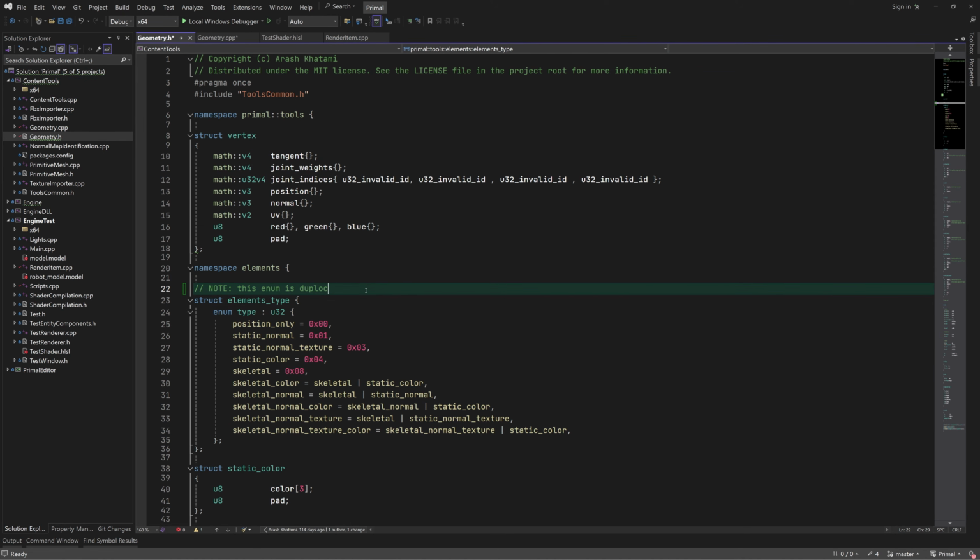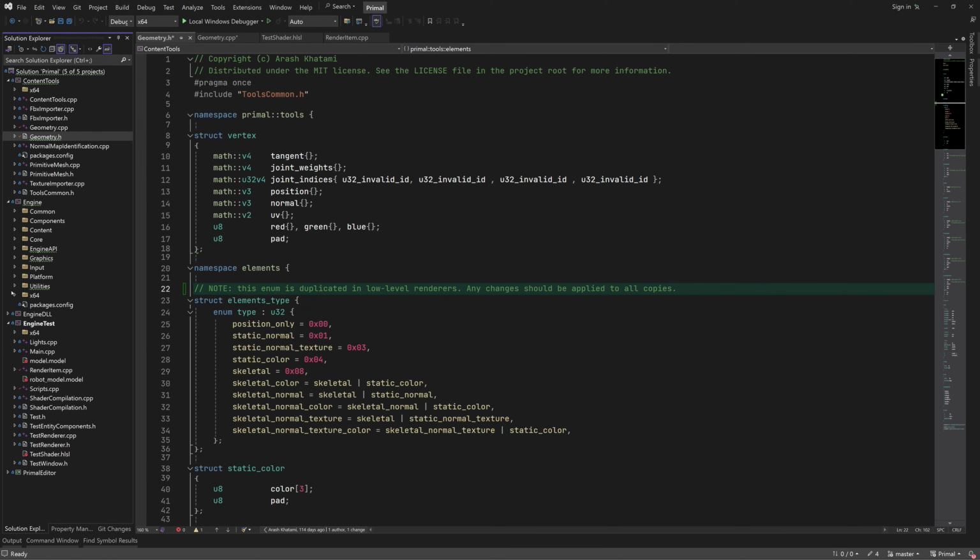I think I need to add a comment here. Let me see if this enum is actually a duplicate.